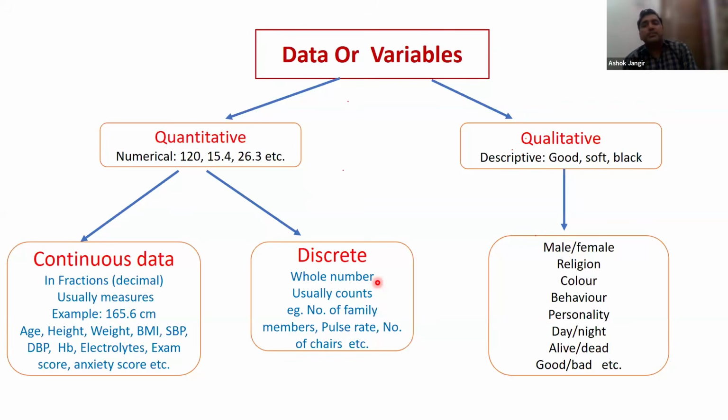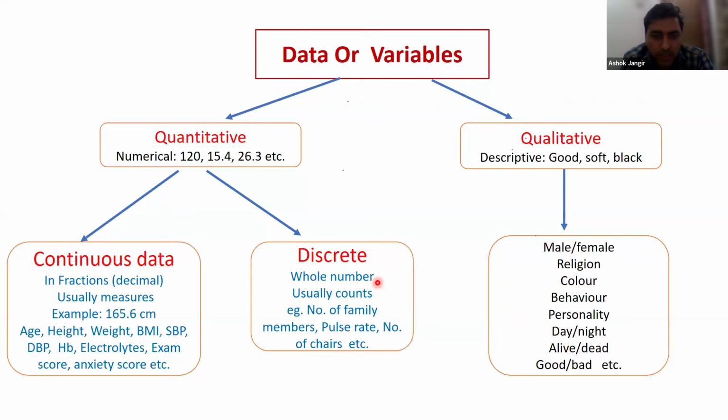Now comes the qualitative category. For example, male and female, religion, Hindu, Muslim, Sikh, Isai, color, white, black, red, behavior, personality, day, night, alive and dead, good and bad, present and absent, etc. So these are called qualitative data.